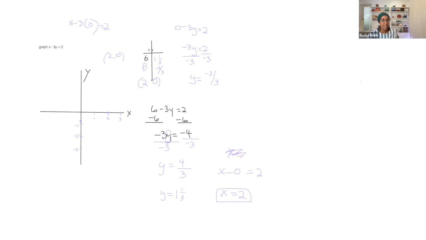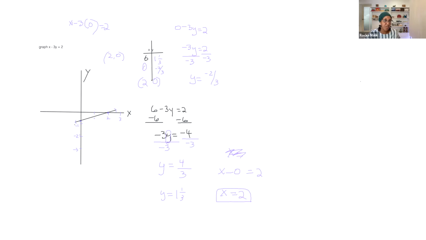And then I can connect these 2 points, and put my little arrow on the end to show that it goes forever in both directions. And that is how you graph using a table of values.